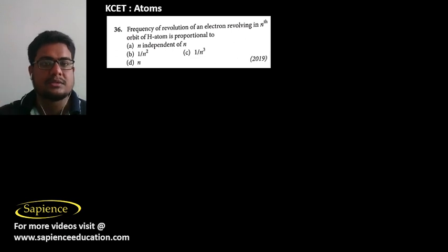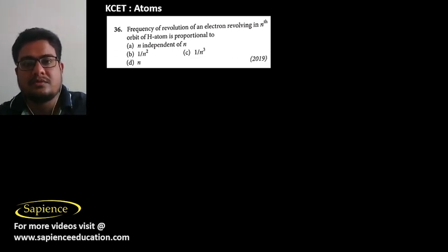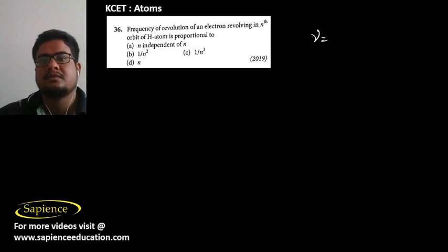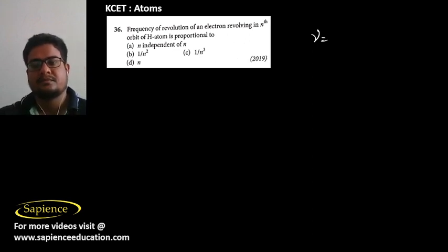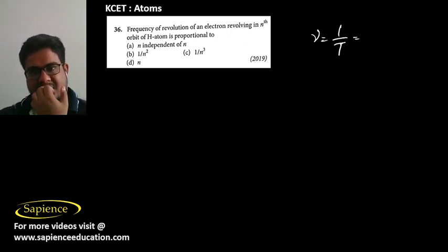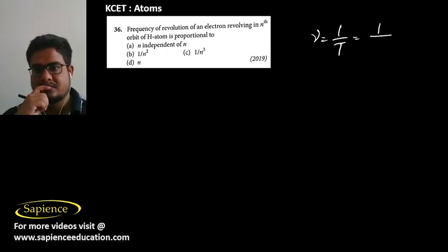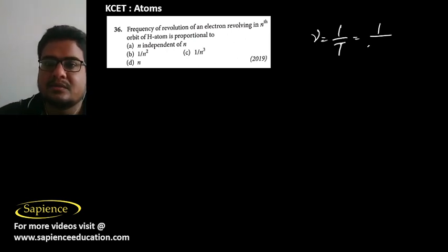In question number 36, it is told, frequency of revolution of an electron revolving in nth orbit of hydrogen atom is proportional to. So the frequency of revolution is 1 by time period of revolution, and the time period is 2 pi r by v.